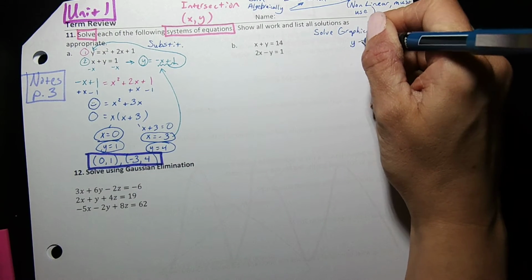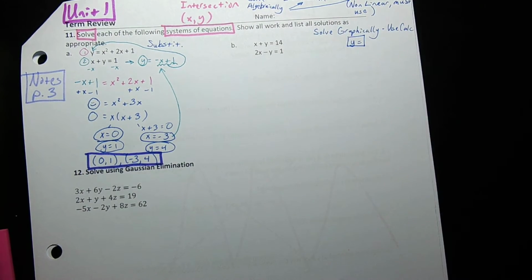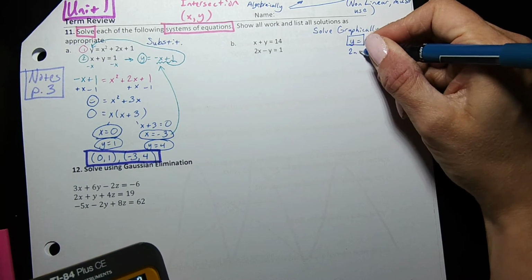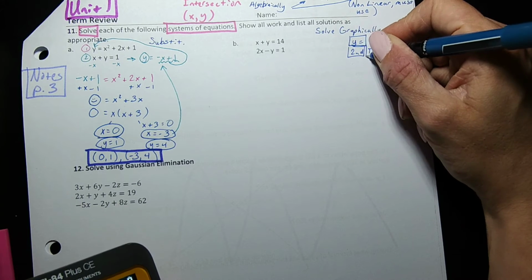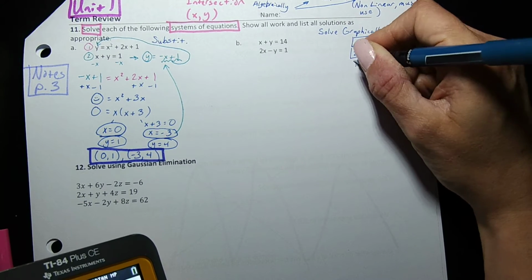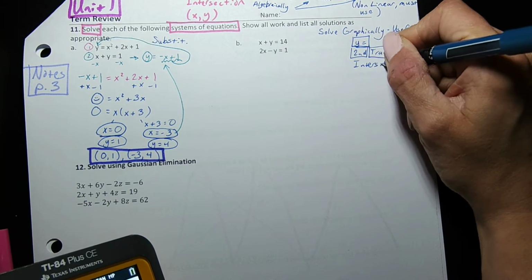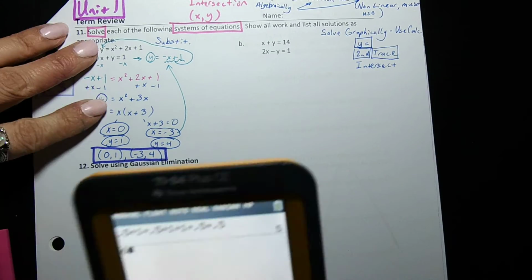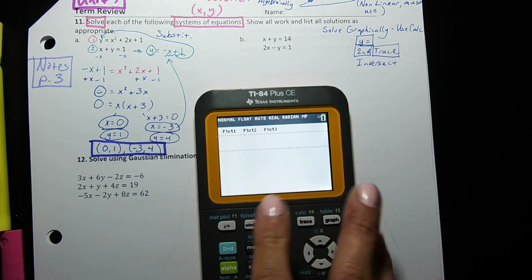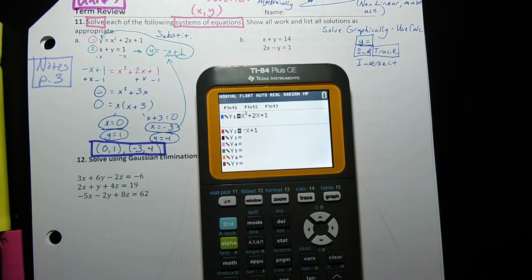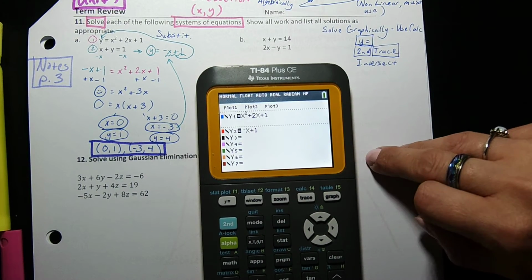What I am going to demonstrate is how we can check ourselves graphically. We will go to the y equals, type in our equations, second trace, and then intersect. But you'll find the specific nuances to that in your notes. So we go to the y equals. Go ahead and just watch up here. I'm just going to demonstrate it.